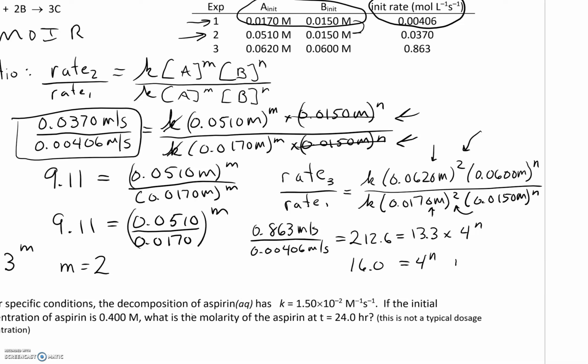So we can see by inspection that n equals 2. We now know the rate law for the reaction, where the rate is equal to the rate constant times A squared times B squared.